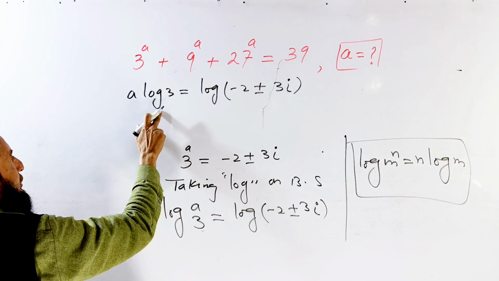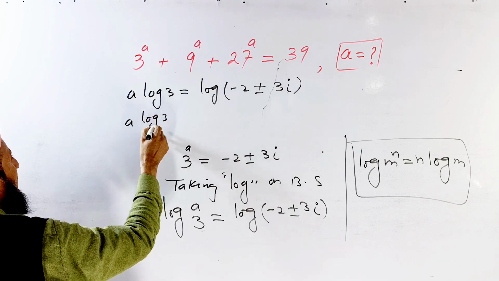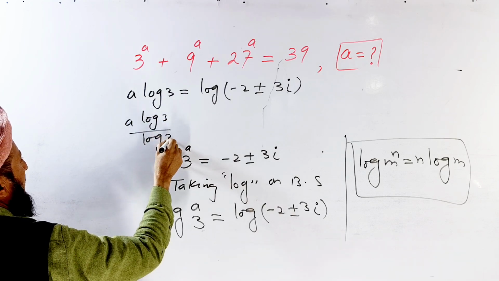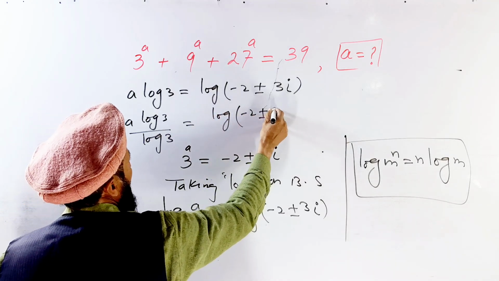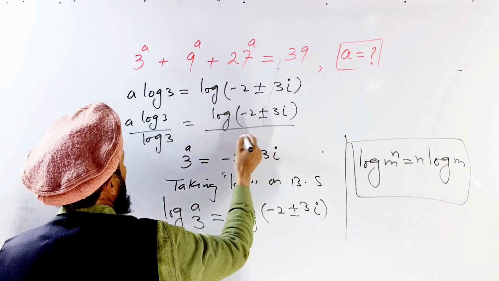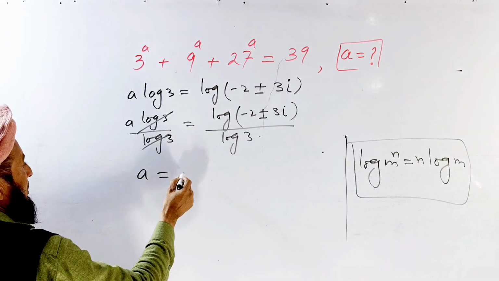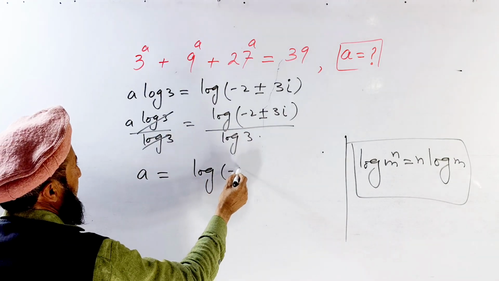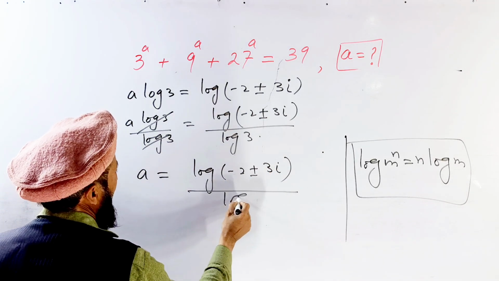Now we finish this by dividing both sides by log of 3. Log of 3 divided by log of 3 is equal to log of minus 2 plus minus 3 iota divided by log of 3. We get a is equal to log of minus 2 plus minus 3 iota divided by log of 3.